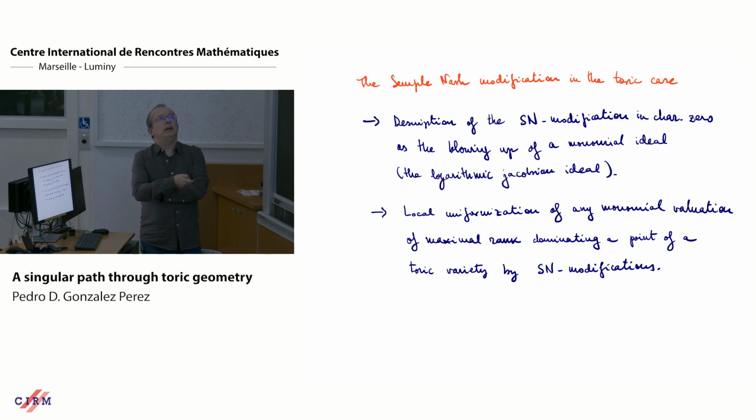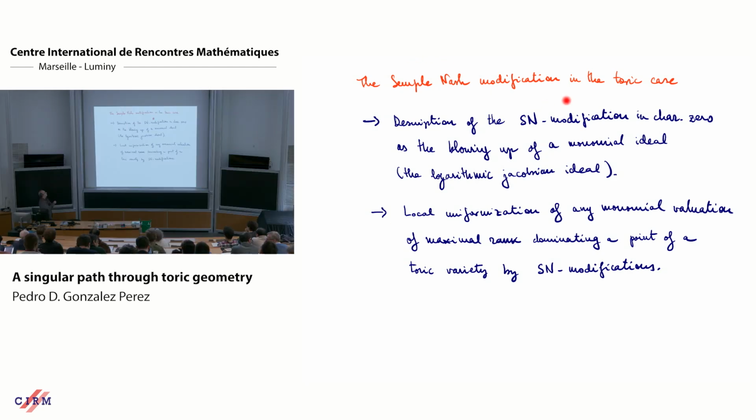Then we studied the Semple-Nash modification in the toric case. The Semple-Nash modification is a canonical modification which is defined by taking the limits of tangent spaces at non-singular points.